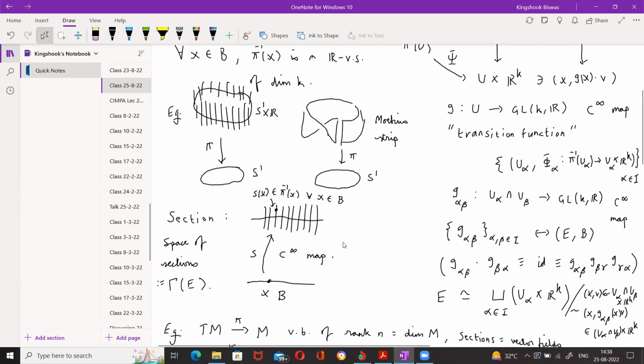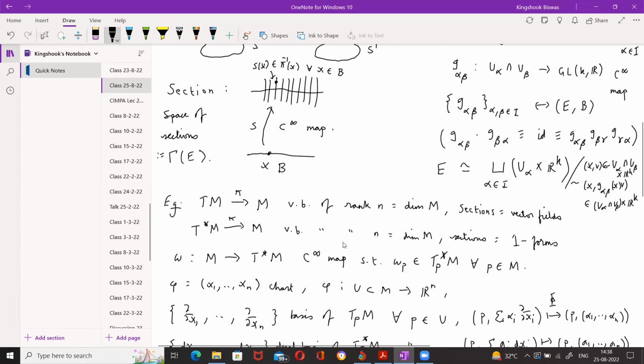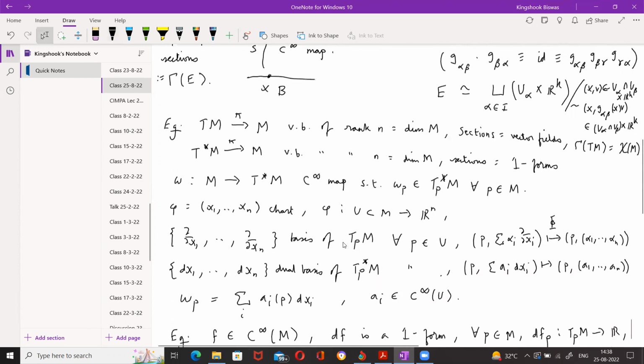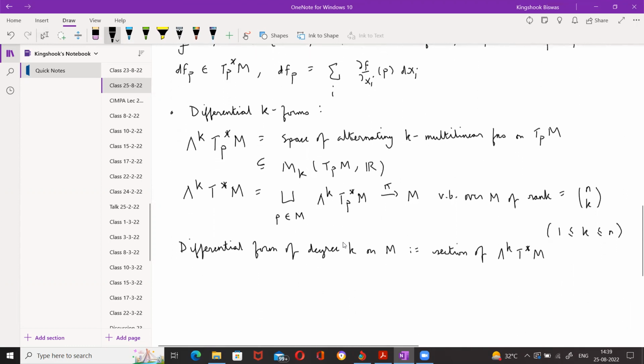For example, for vector fields, the space of sections Γ(TM) is the space of vector fields χ(M).